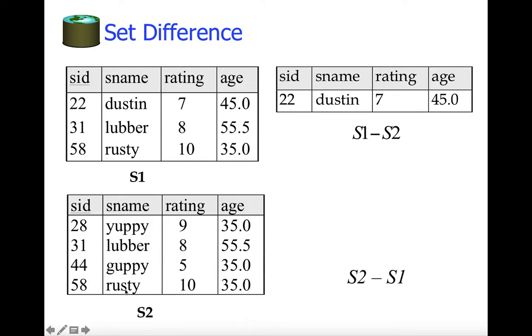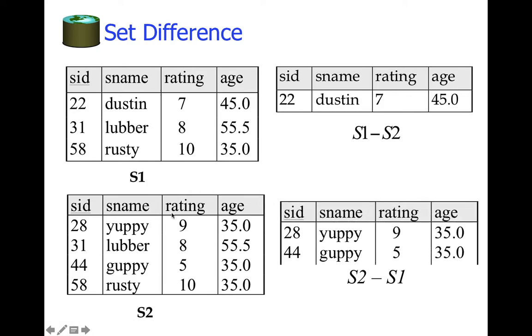S2 minus S1, we'll be left with two tuples, I suppose, 28 and 44. And as you can see, the two tables have the same fields and the same types.